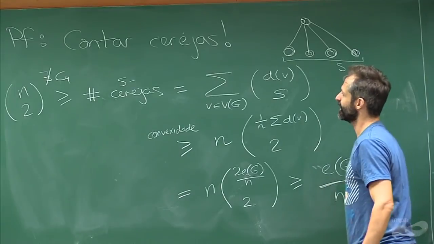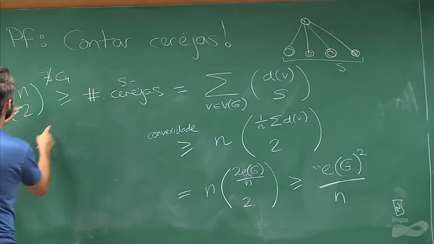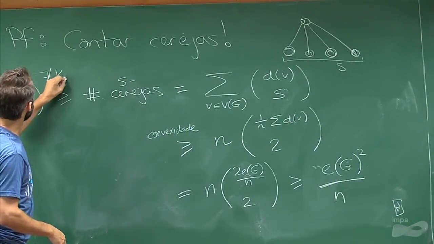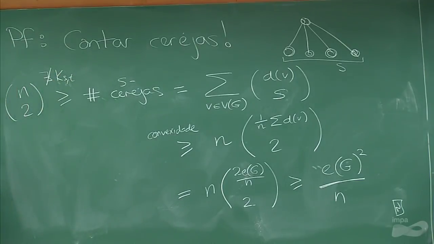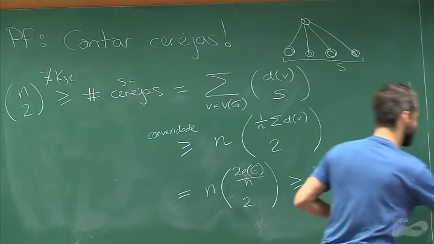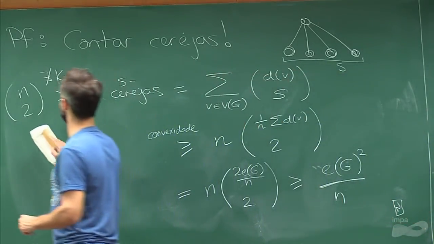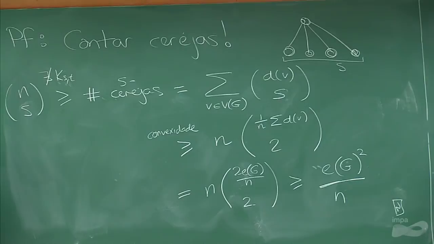And at most, how many are there if there's no KST? N choose S bases, and each one can have at most t minus 1.